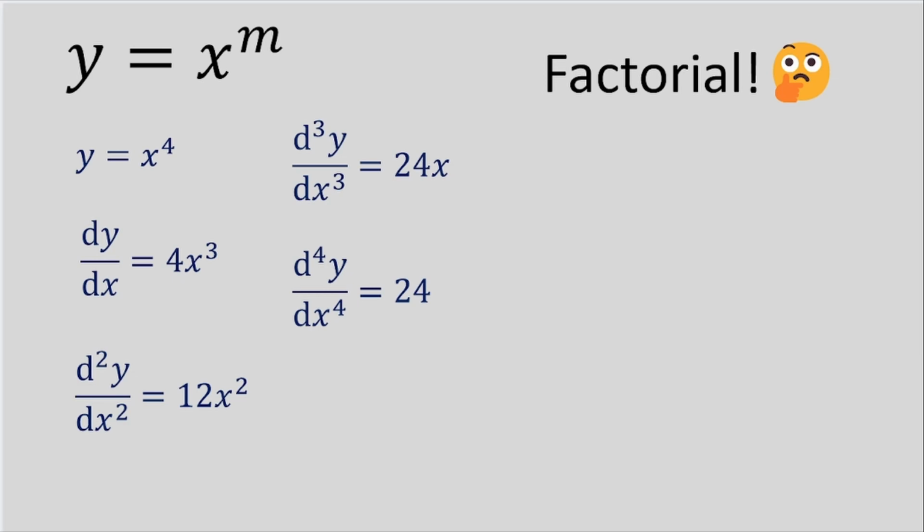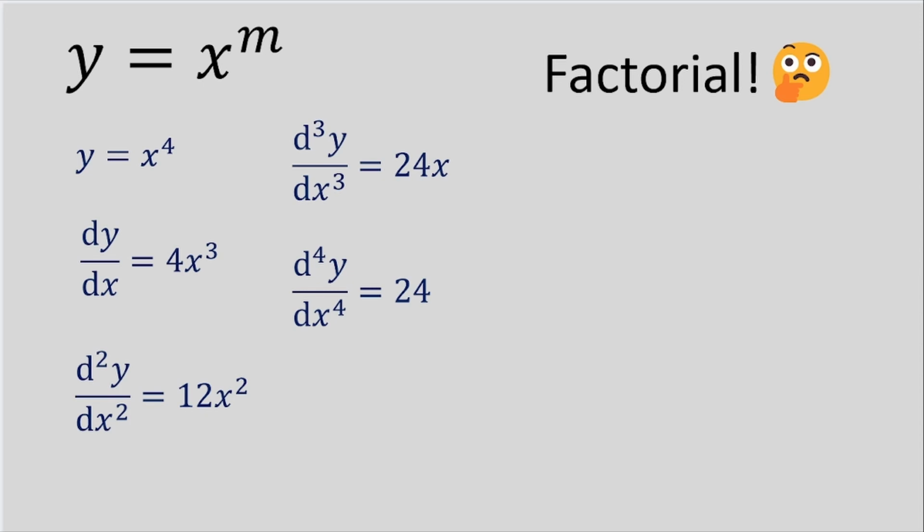Now I want you to look at the second derivative, that is 12x². Look at the power of x. It has a power of x as 2. The first function had the power of x as 4.